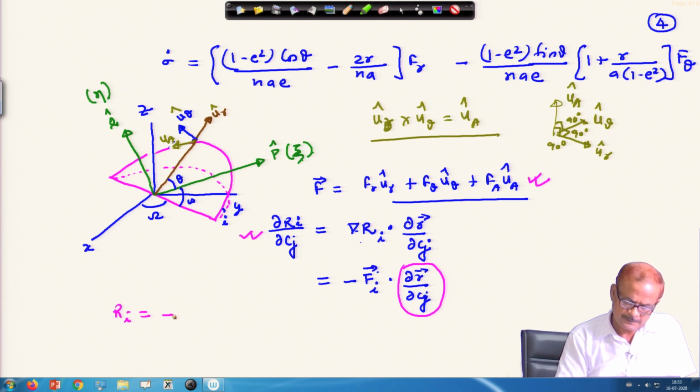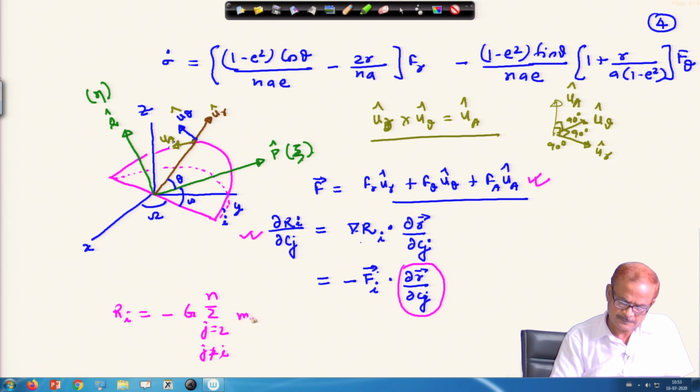Where r was minus g j, j equal to 2 to n, j not equal to i, and then r j whole cube.